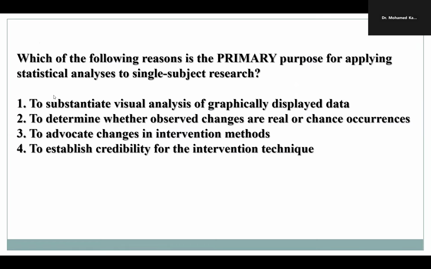The options: to substantiate visual analysis of graphically displayed data; maybe to determine whether observed changes are real or chance occurrences, I'm not sure if this is correct; to advocate changes in intervention methods, I don't think so; to establish credibility for the intervention technique, I don't think so either.